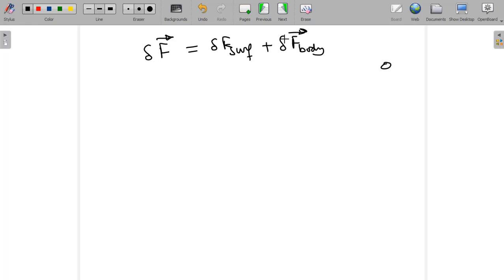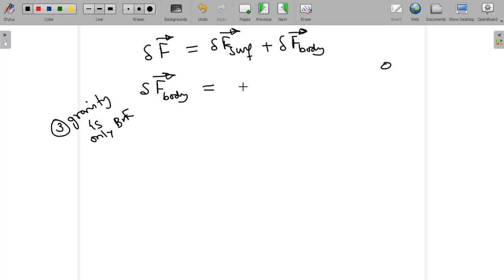Okay, now let us first see what is the body force. We are considering the assumption that only gravity is the body force, there is no other body force present. So if gravity is the only body force, what is the net gravity force that is acting?